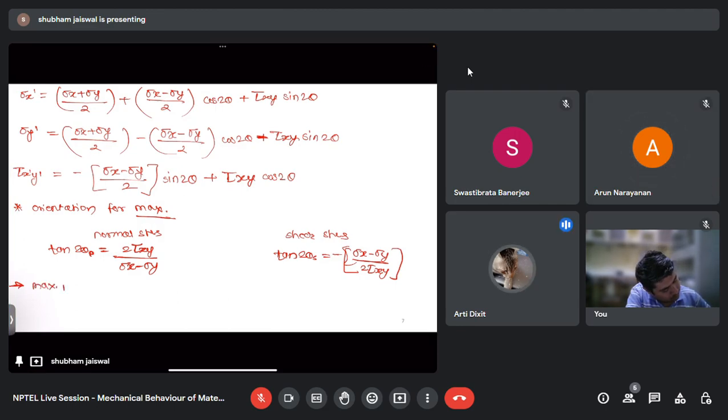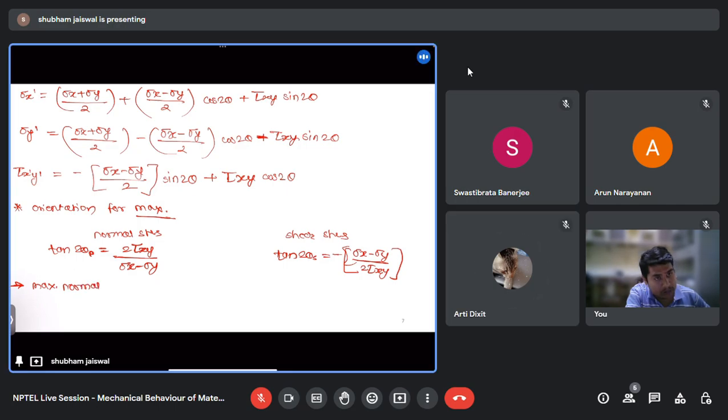Yeah, maximum normal stress and maximum shear stress are away by 2 theta equal to 90 degrees, that is theta equal to 45 degrees.